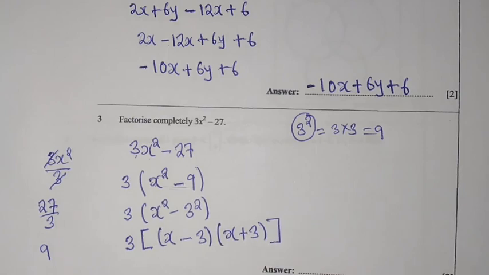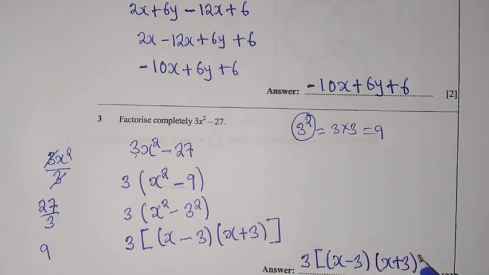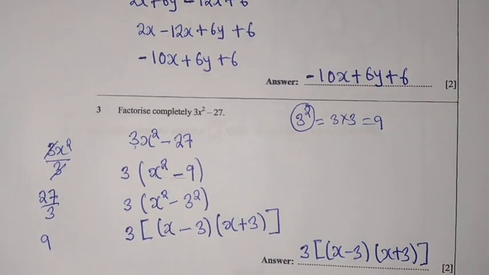Then you close square bracket. So this is our final answer: 3 square bracket, x minus 3, x plus 3, and you close with a square bracket. So I hope that you are following. Okay, we continue.